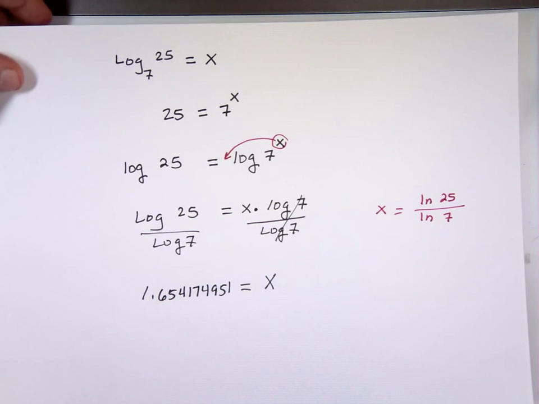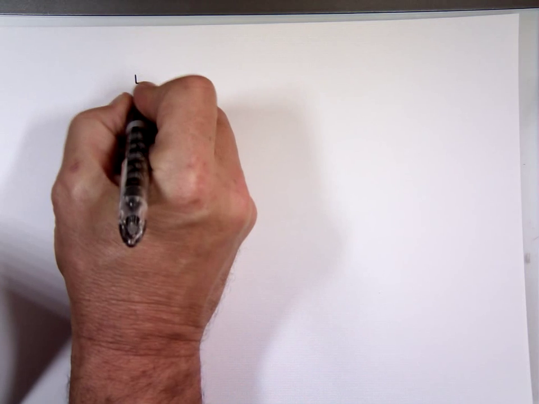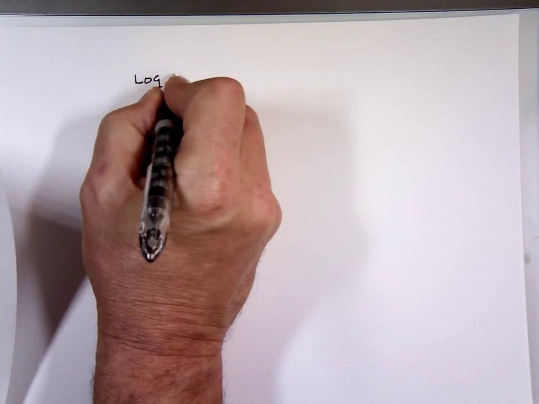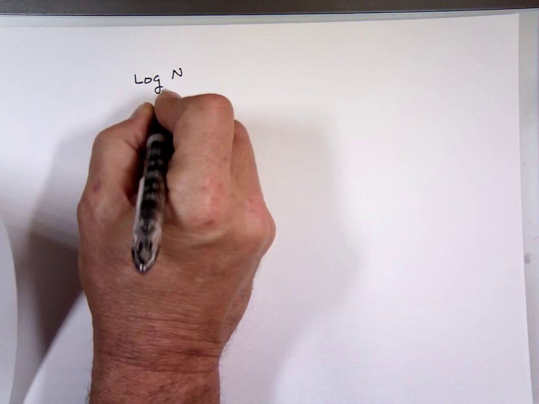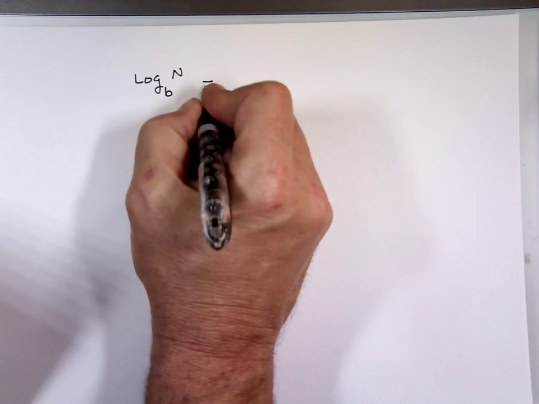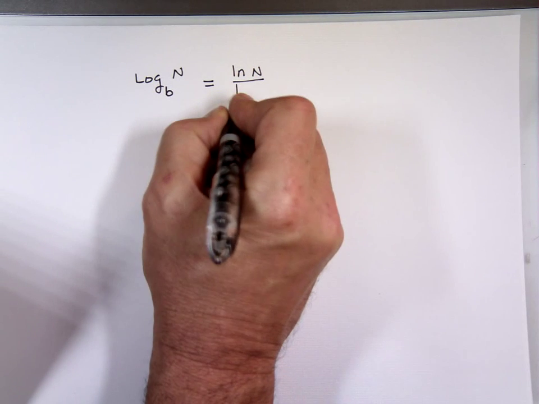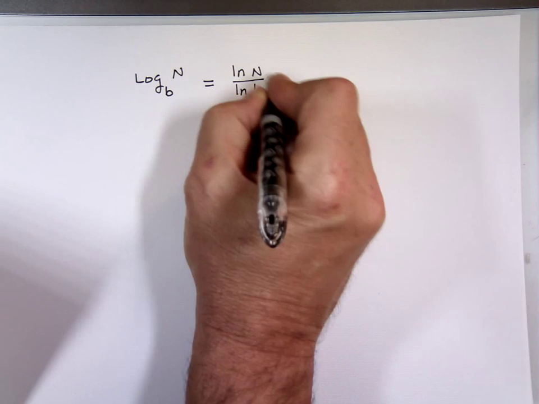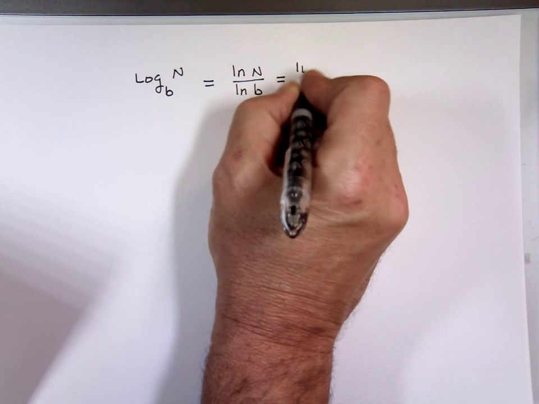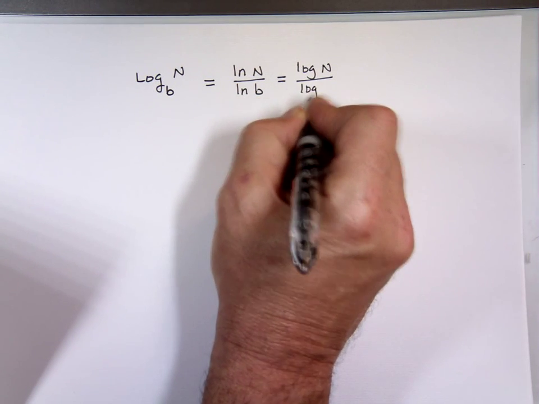I want you to see where it came from, the math behind it. If we ask you for log n base b, any base, you can find that by taking the natural log of n divided by the natural log of b, or the common log of n over the common log of b. Either way.